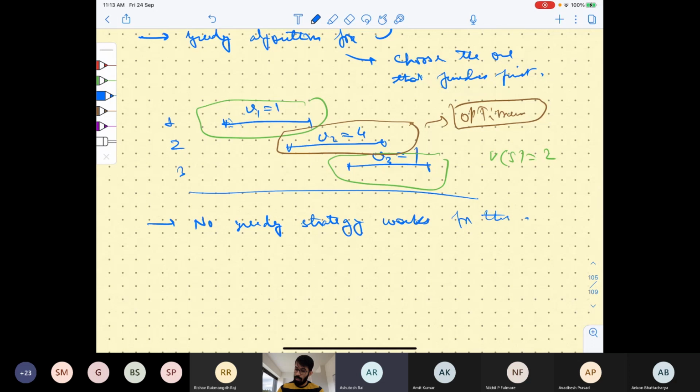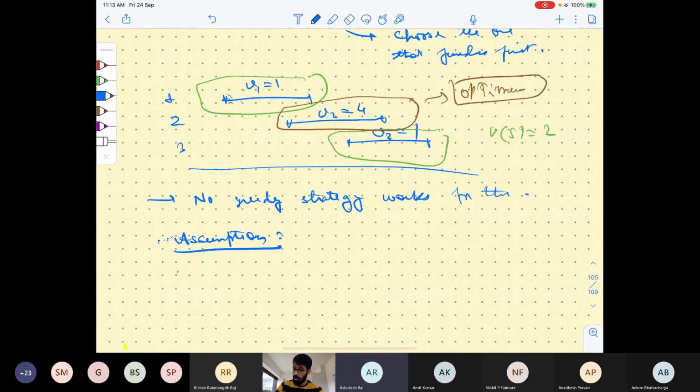Again, like earlier, let's give more structure to the problem itself. So first, let's say that the intervals are ordered, like we have ordered here in the same way. Some assumptions which are not very weird assumptions. The intervals are ordered by finishing time, let's say.